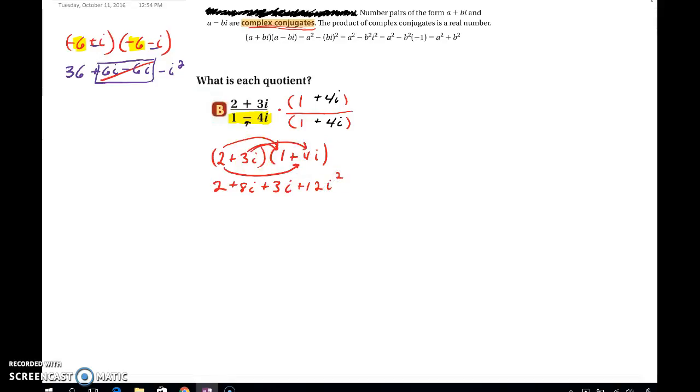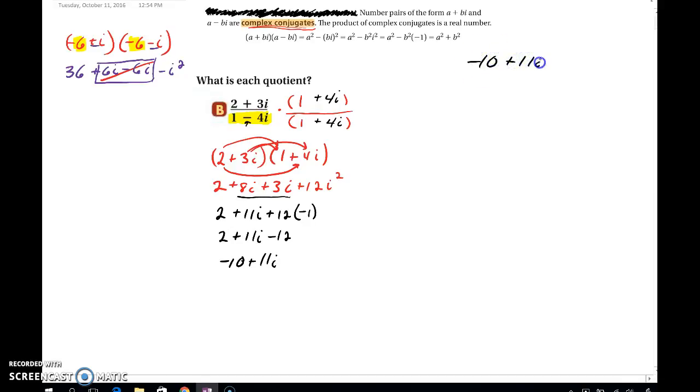We know that i squared is equal to -1, so it's 2, and 8i plus 3i is plus 11i, and then it's plus 12 times -1. So 2 plus 11i minus 12, or -10 plus 11i. All right, so that was our numerator. So we know our final answer will have -10 plus 11i in our numerator.